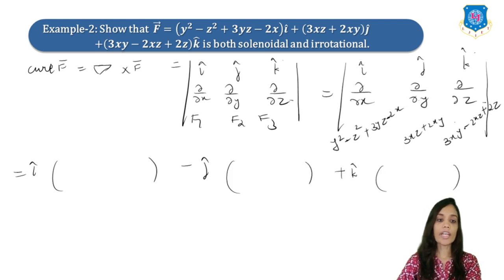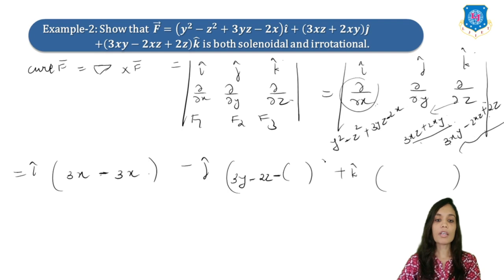So now we have to find the partial derivative of this with respect to y. So answer will be what? 3x. Okay. Now if I solve over here, you have to write the answer of the partial derivative with respect to z. So answer will be minus 3x. Similarly, let us solve from here. So you have to solve these two, right? That is, you have to find the partial derivative of this function with respect to x. So answer will be 3y minus 2z.